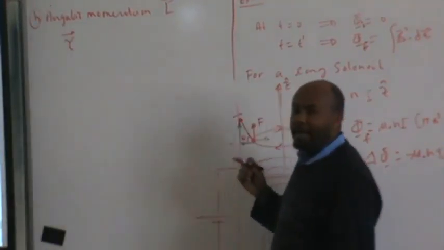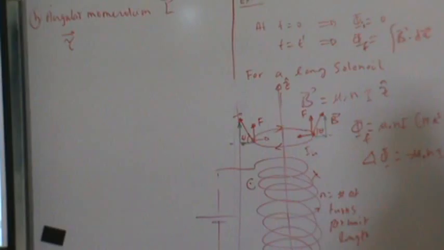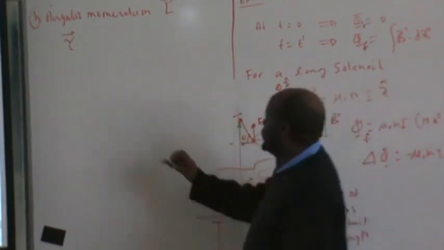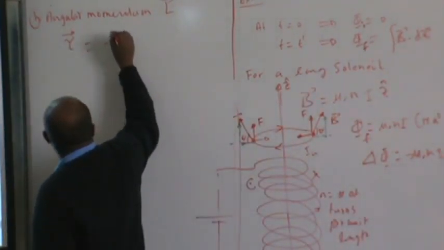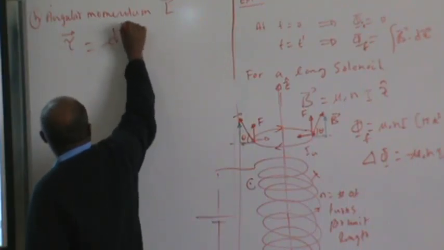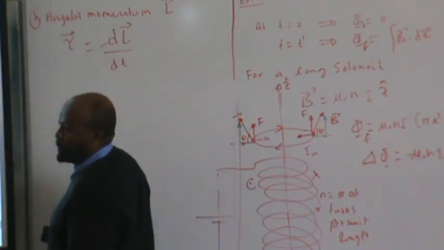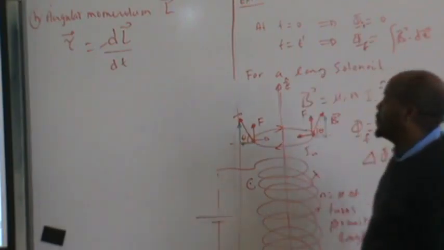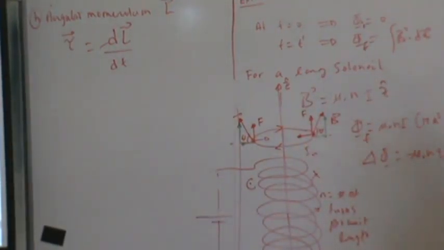From classical mechanics, you get the torque whenever you change the angular momentum. So this should be the change in angular momentum over change in time, which was responsible for the rotation.